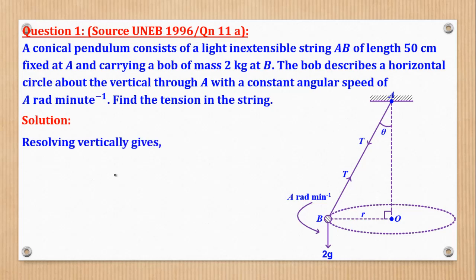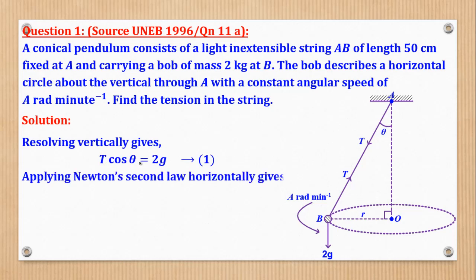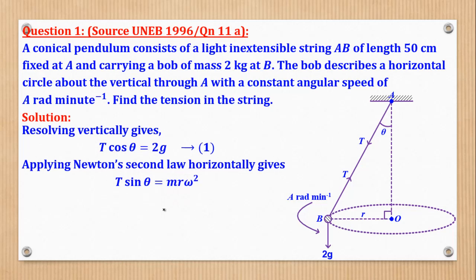Then resolving vertically, T cos theta is equal to 2g. Then horizontally, T sin theta is equal to m r omega squared. So we shall come and substitute for r. Remember, r we said it is equal to L sin theta. Then omega will be A over 60. Why?